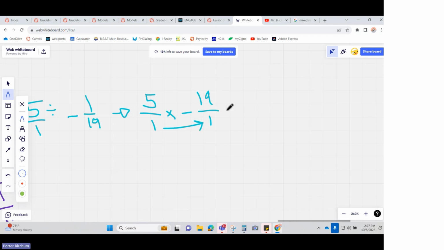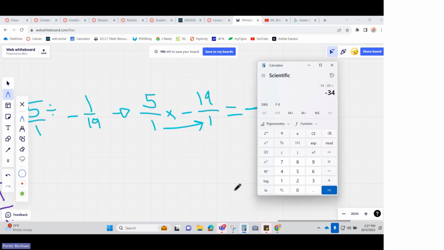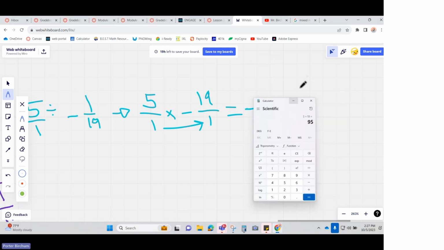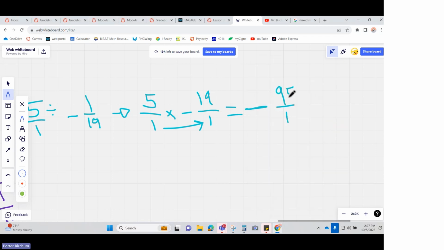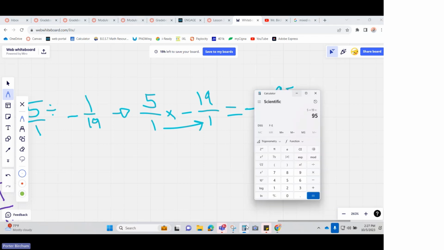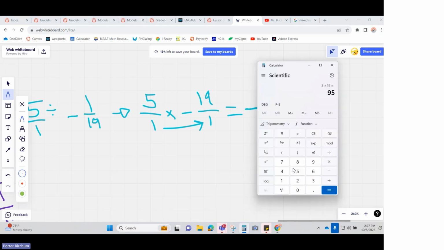Now I'm going to multiply straight across. So positive and a negative, it's going to be a negative answer. 1 times 1 is 1, and 5 times 19 is 95. And that simplifies pretty easily.